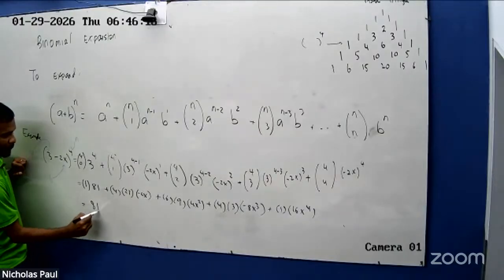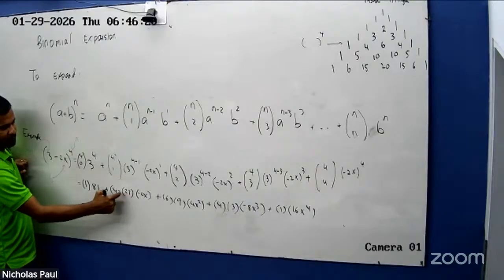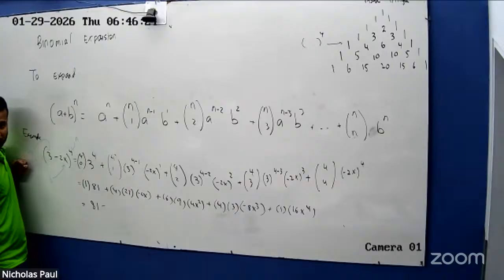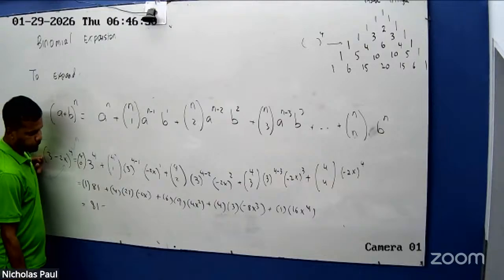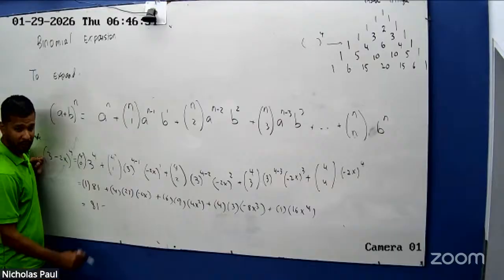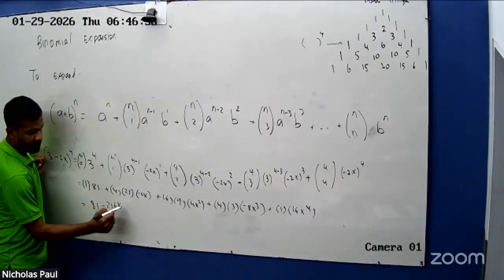So we end up with 81. What's this here? Well, it's 4 by 27 by minus 2, which is minus 216x. What's the next one?